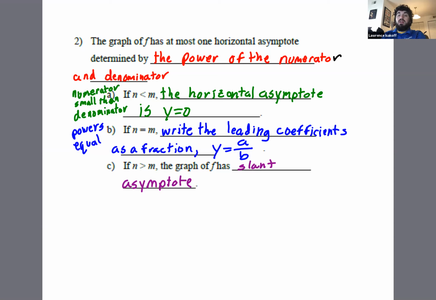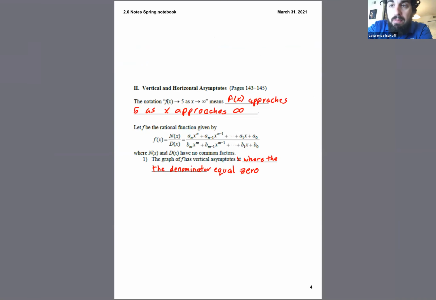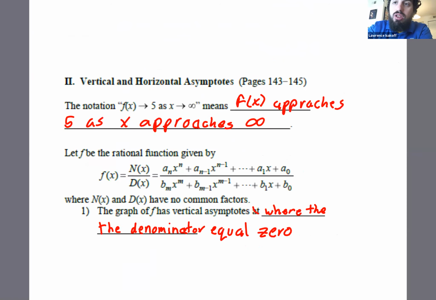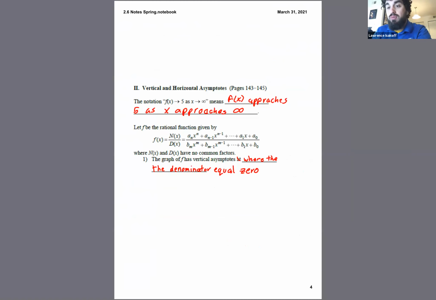Okay. If the powers are equal, we will write the leading coefficients of the function the following. Our horizontal asymptote is a over b, where a and b are the leading coefficients that we talked about before.